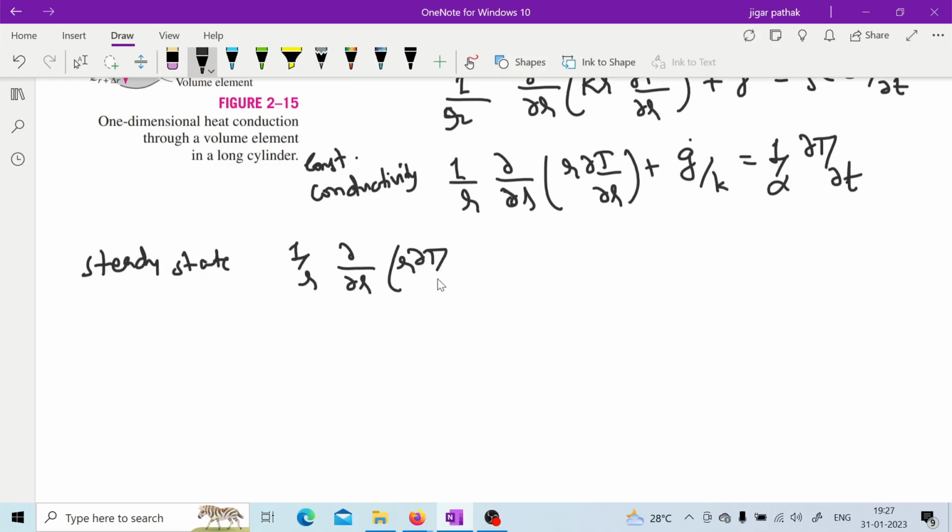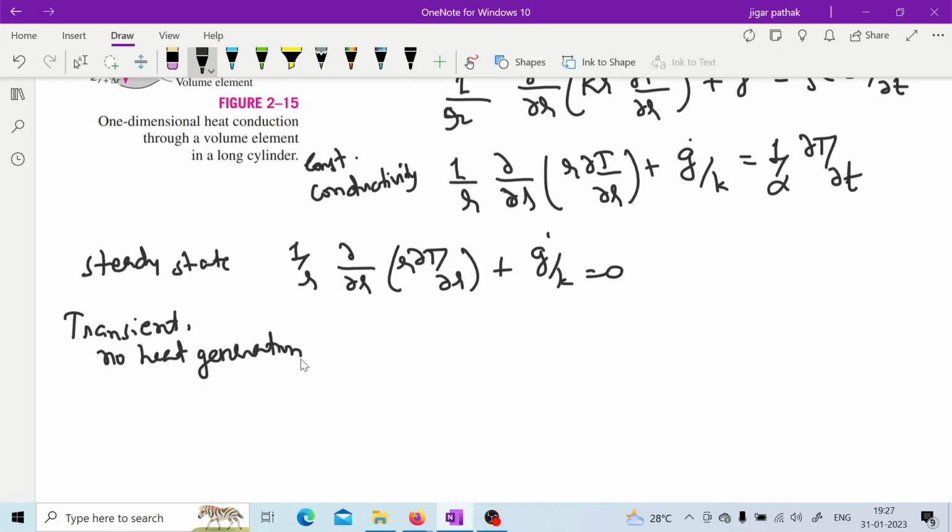And for transient and no heat generation, right?